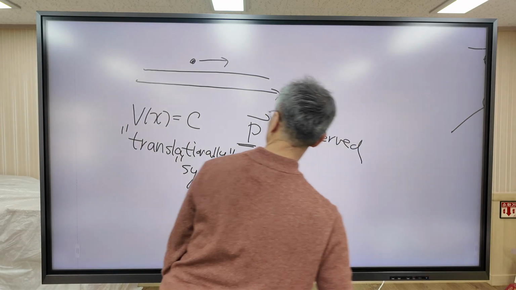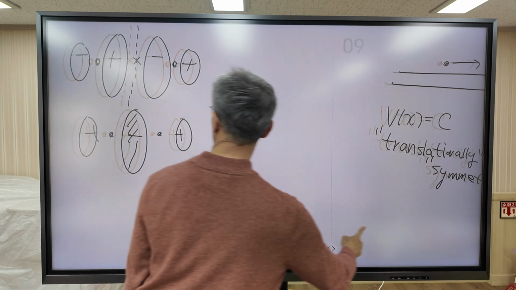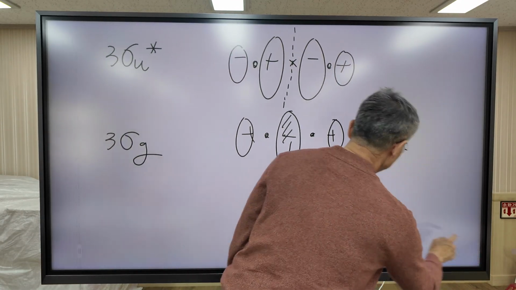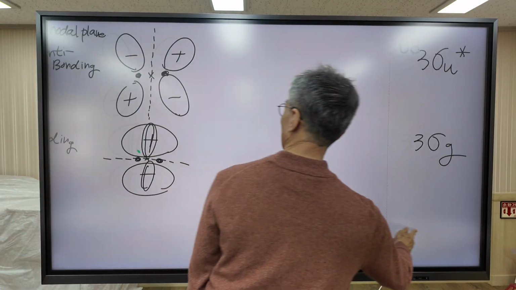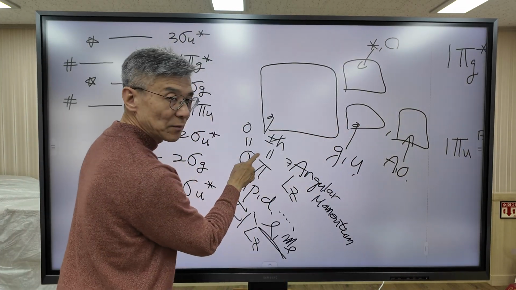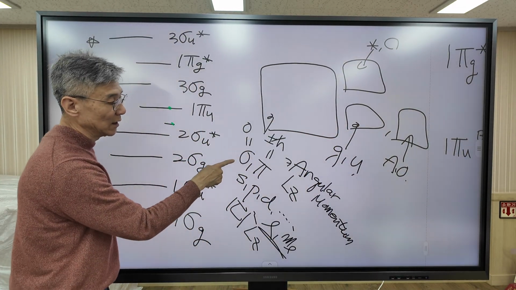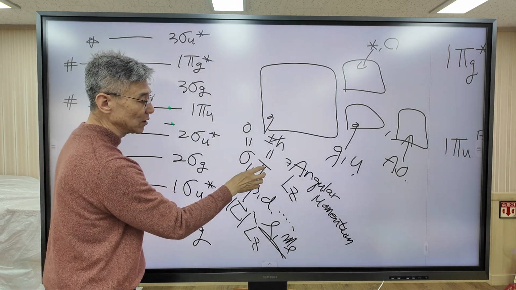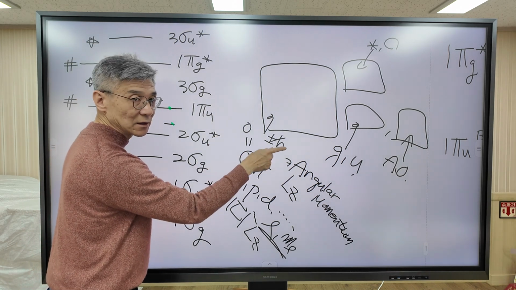So in a diatomic molecule, we can say sigma, pi, and so on. Sigma means that the g component of angular momentum is 0. For a pi orbital, the g component of angular momentum is plus or minus h bar.